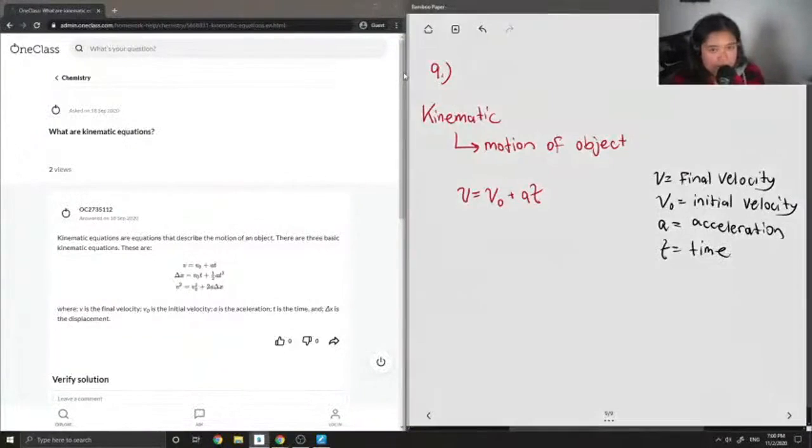And then I'll write out the other 2 kinematic equations. You can also have delta x is equal to initial velocity times time plus half a t squared. So I'll also label that delta x, that just stands for displacement.